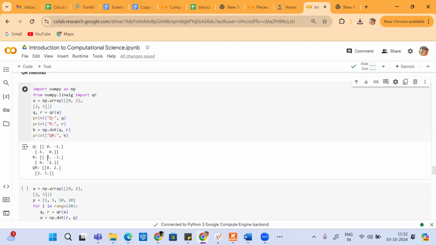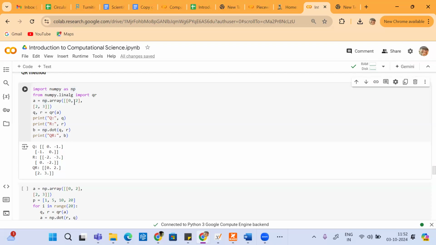You have Q and R, multiply them back together. You should get back the matrix A. And that's what we have done here. When you multiply these two, Q and R, you again generate the matrix A, which you have defined already. Okay with you so far?